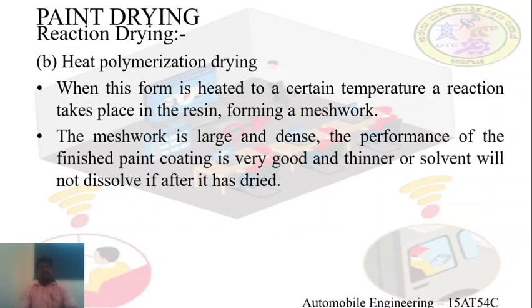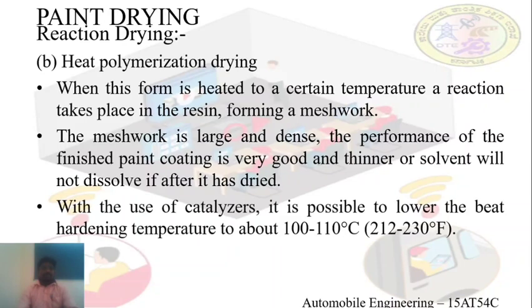The meshwork is large and dense, so the performance of the finished paint coating is very good when you compare it with oxidative polymerization drying, and the thinner or solvent will not be able to dissolve this kind of paint. With the use of catalyzers, it is possible to lower the heat hardening temperature to about 100 degrees Celsius.